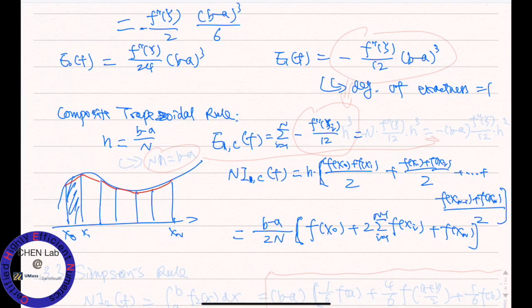So this can be treated as n times the negative f double prime at a single c divided by 12 times h, where our new b minus a is h cubed.